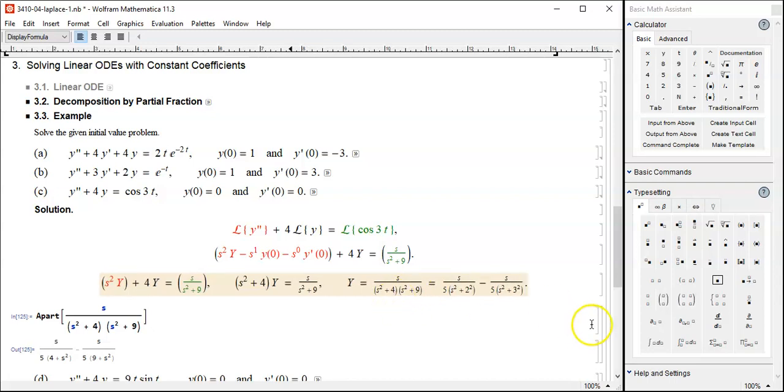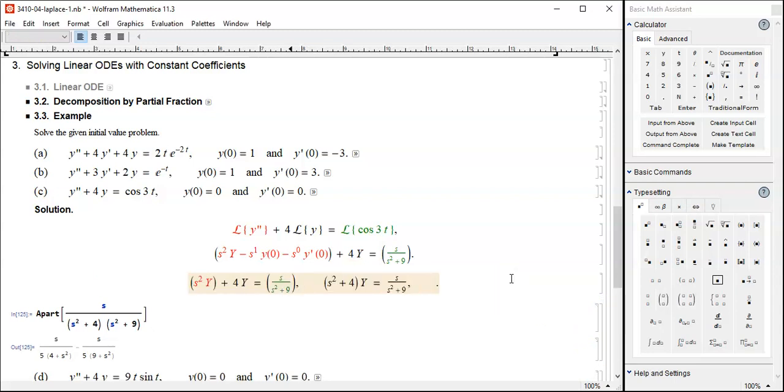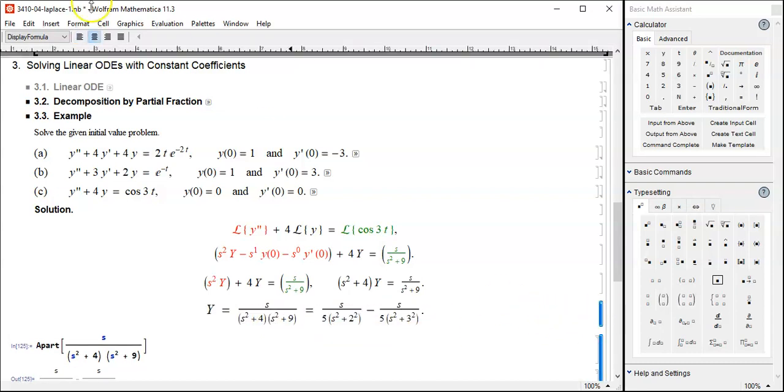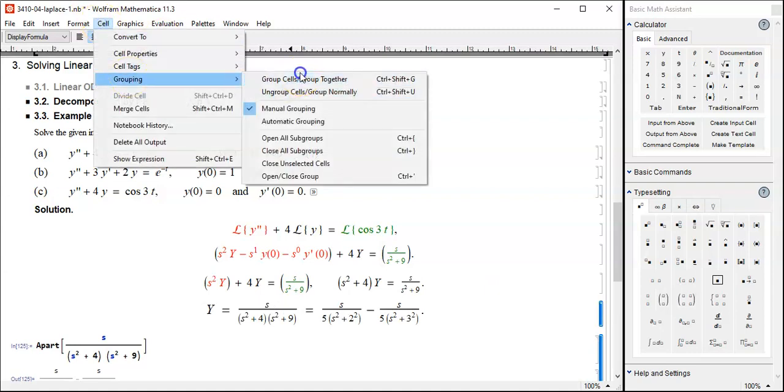That's what I got. Let me copy and paste this. Okay, that's far more legible.